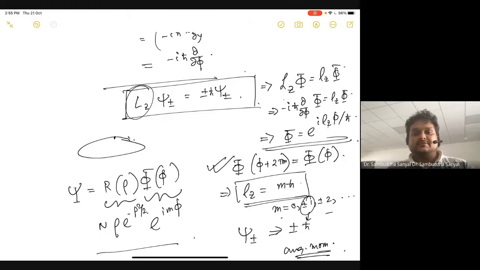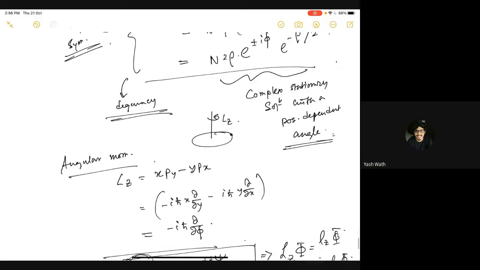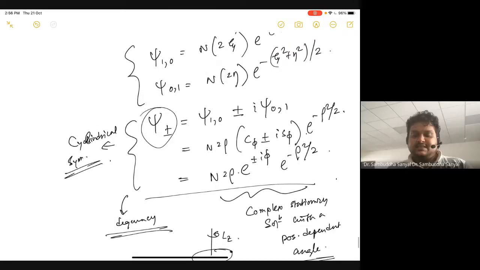Is everything clear so far? And the psi plus minus works because of the degeneracy, right? Yes. I'm trying to show you that the cylindrical symmetry of the problem is not manifested in the earlier solution you derived. But if I take a suitable linear combination, then the cylindrical symmetry is manifested. This is equivalent to the statement, let's say two operators commute.